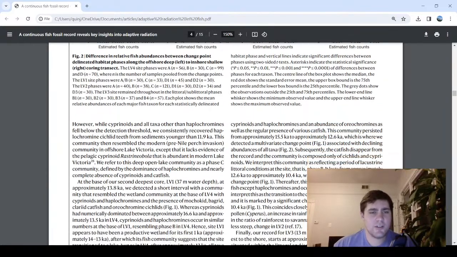However, while cyprinoids and all taxa other than the haplochromines fell below detection level, we consistently recovered haplochromine cichlid teeth from sediments younger than 11.9 Ka. This community then resembled the modern community in offshore Lake Victoria, except that it lacks evidence of the pelagic cyprinoid Rastrineobola that is abundant in modern Lake Victoria.